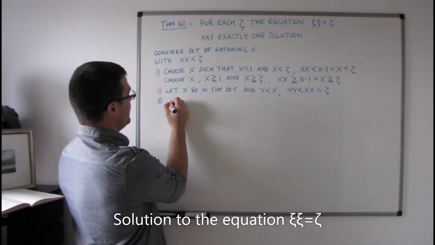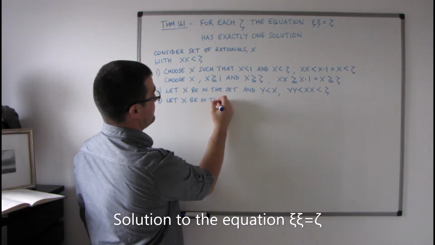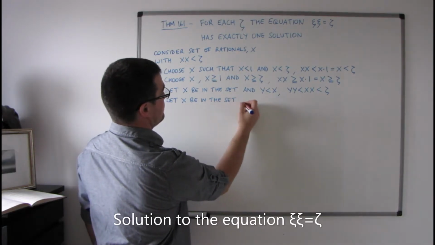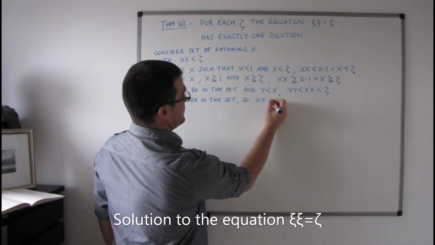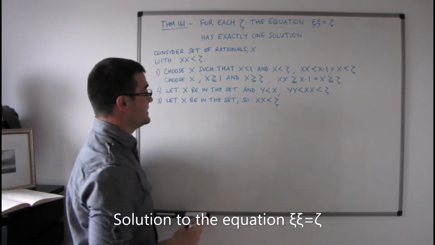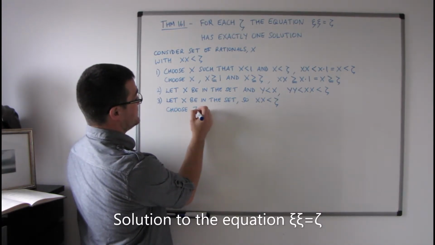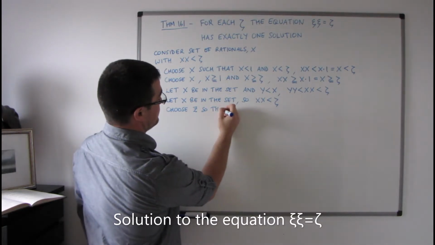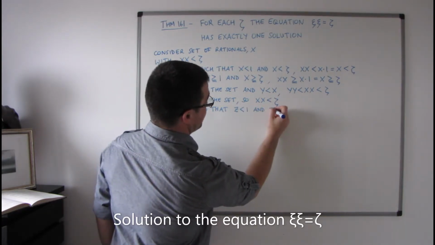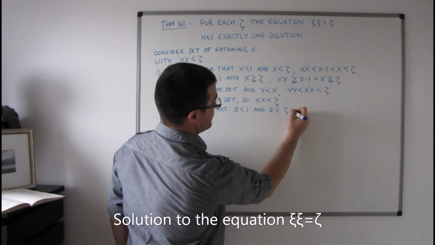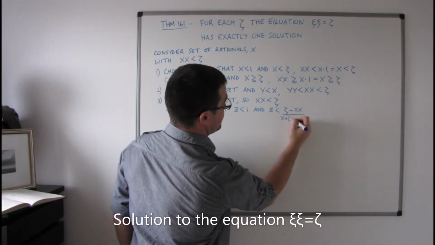So let x be in the set, so obviously that means that x times x is less than zeta, and now choose z so that z is less than 1 and z is less than zeta minus x times x divided by x plus 1.